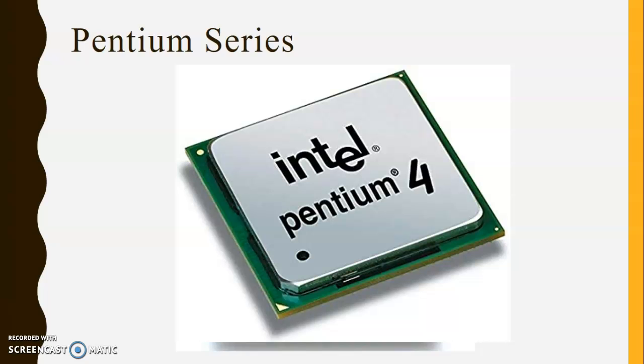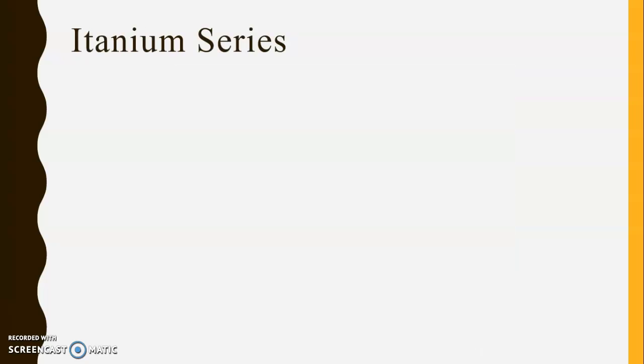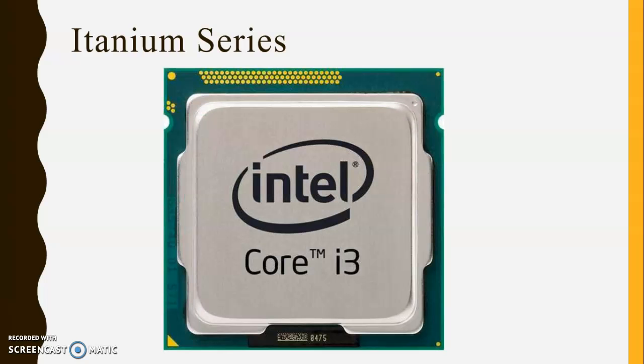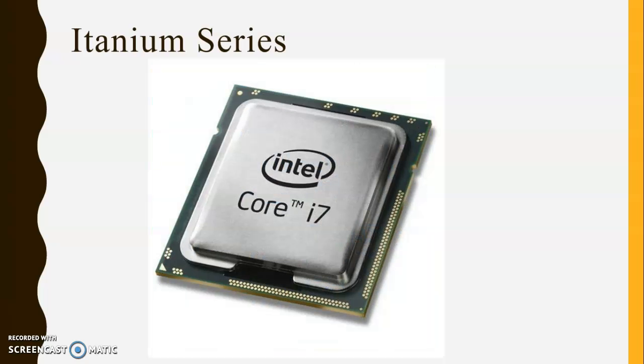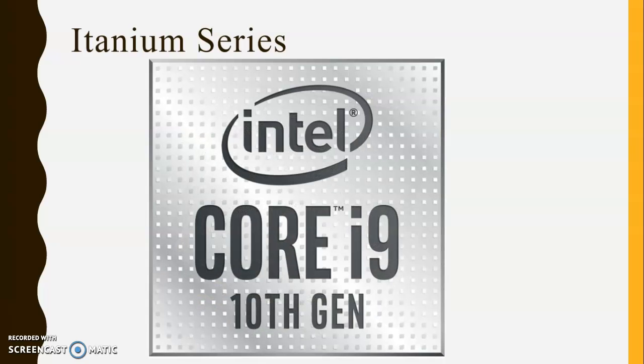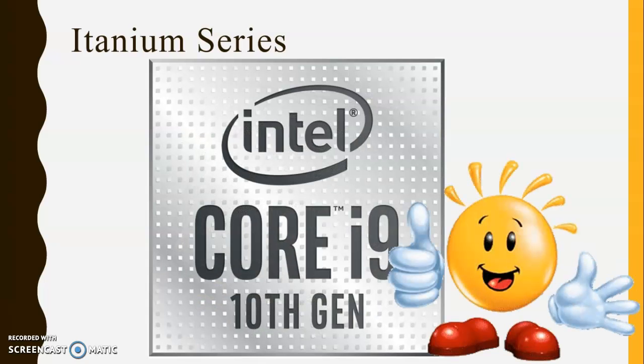Again, this was not the end. After Pentium series came Intel's Itanium series. You might have heard about it. So here we had i3. I stands for Itanium here. Then came i5, after which came i7, then i9, and still going on.